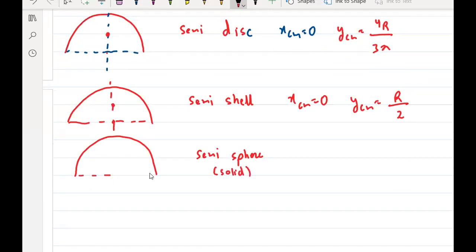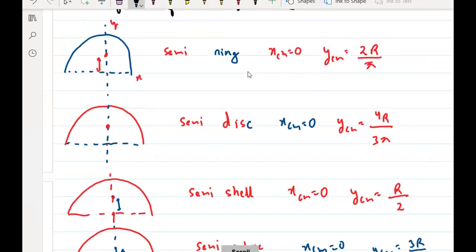So in this case also, XCM will be 0. Now YCM, the center of mass, is given by 3r by 8. Now from here, this position is XCM, so YCM, this position. Okay? Got it? So you just have to remember this.